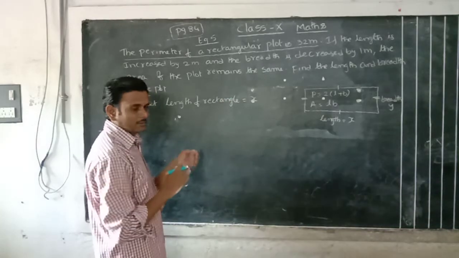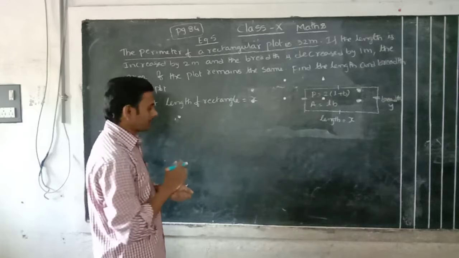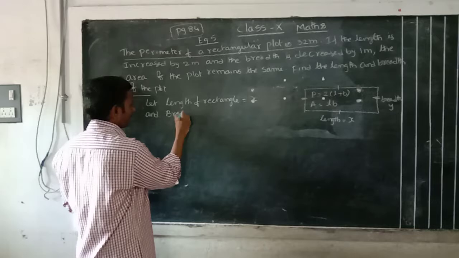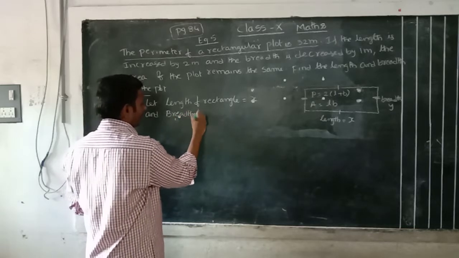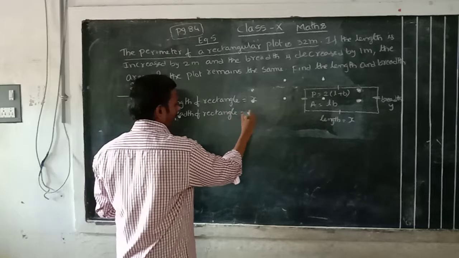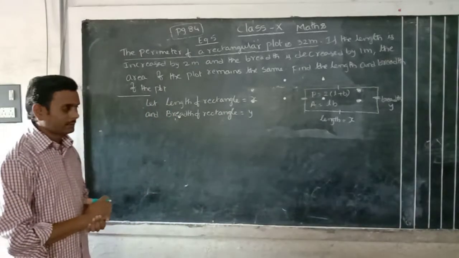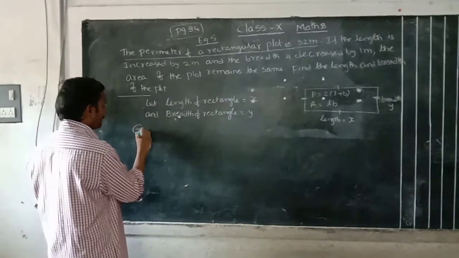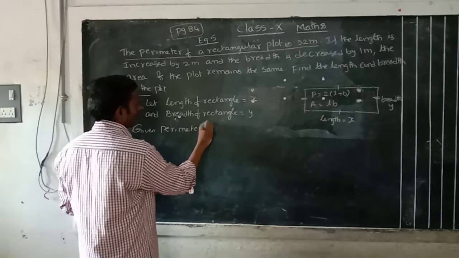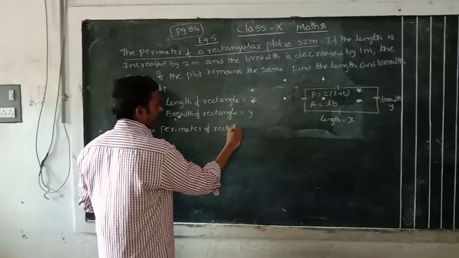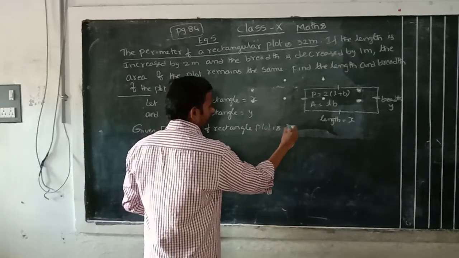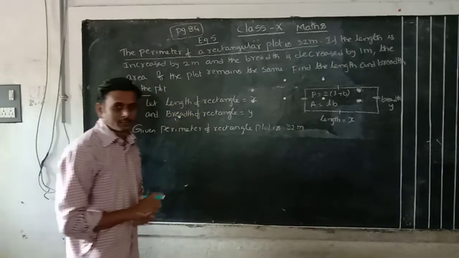And the breadth of the rectangle equals y. Given: the perimeter of the rectangular plot is 32 meters.